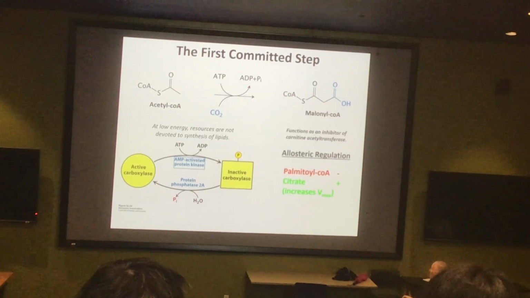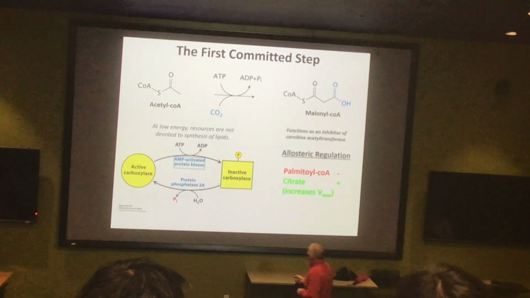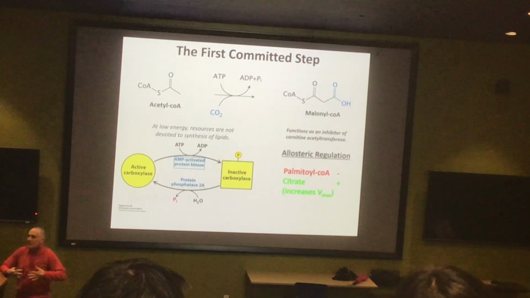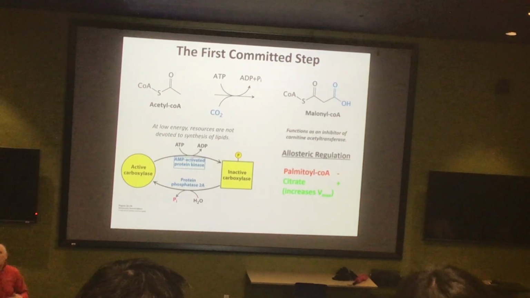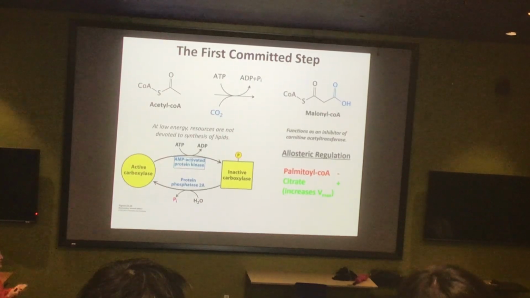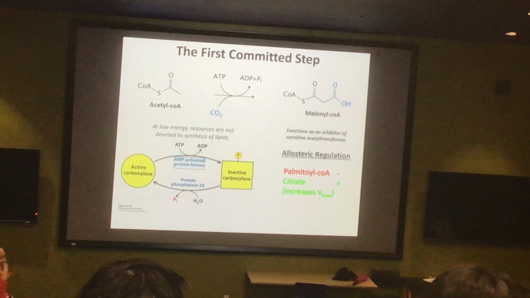Protein phosphatase will strip that phosphate group off, and so that will get us restored to the state. And so this is the major mode of regulation to ensure that in low energy situations, you are not devoting precious ATP, nor for that matter citrate, right, into starting to try to make lipids.